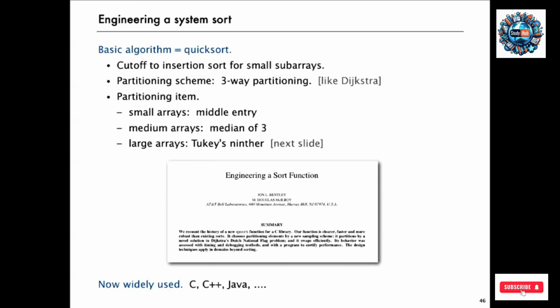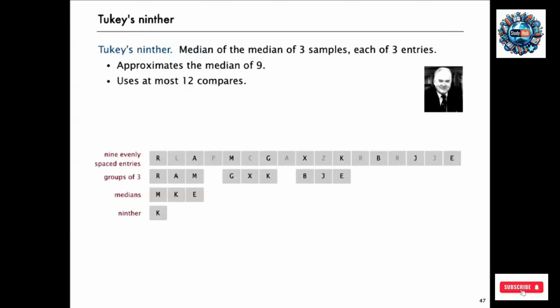This paper was very influential, and that basic method is widely used. And Tukey's ninther is just pick 9 items out of the array and take the median of the medians, and that's the ninther. Very inexpensive, and they had macros to do this, so it didn't cost too much to find a partitioning element that's much closer to the middle than if you used a random one.